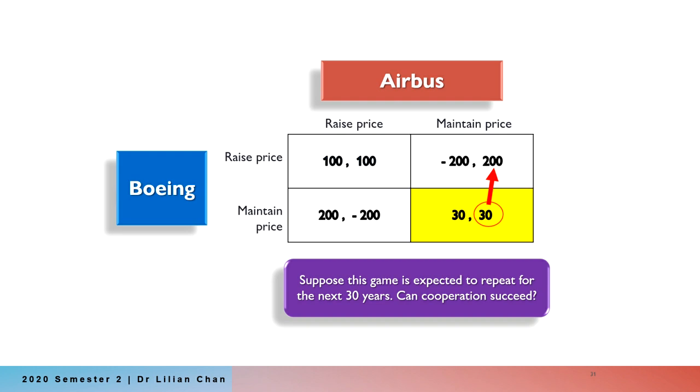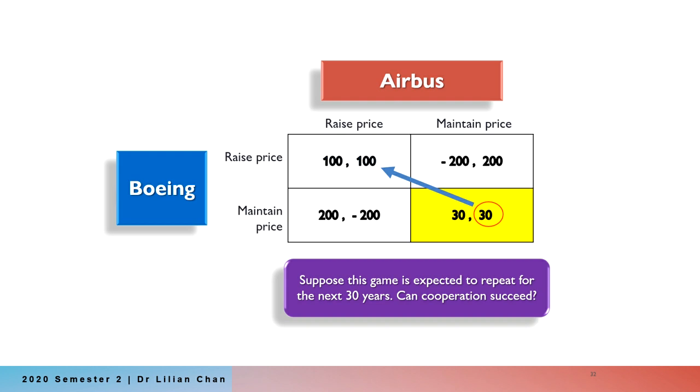The marginal cost of cheating is the loss of the additional $70 million a year above the Nash equilibrium outcome of $30 million for the next 29 years. You see that? You gain $170 million one time, but then you lose $70 million every year for the next 29 years.